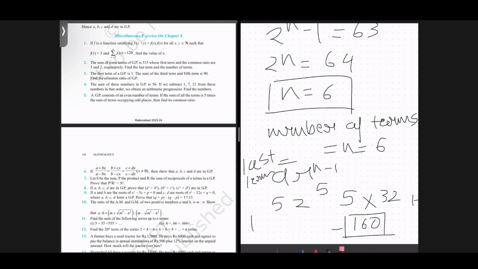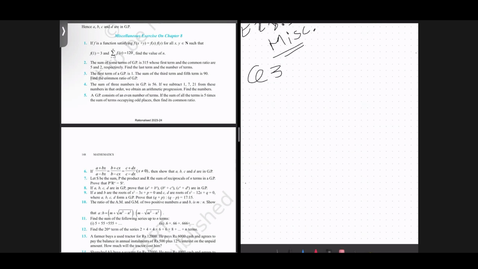Moving ahead, in question number 3, the first term of the GP is 1. The sum of the third and fifth term is 90. Find the common ratio of the GP.